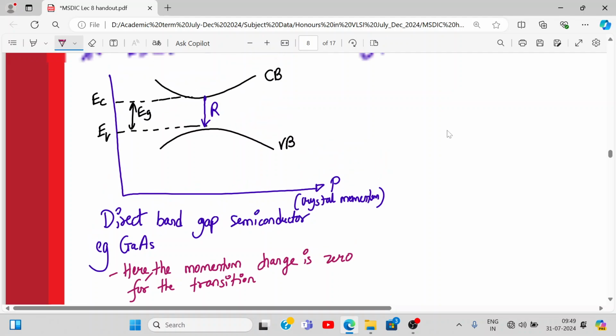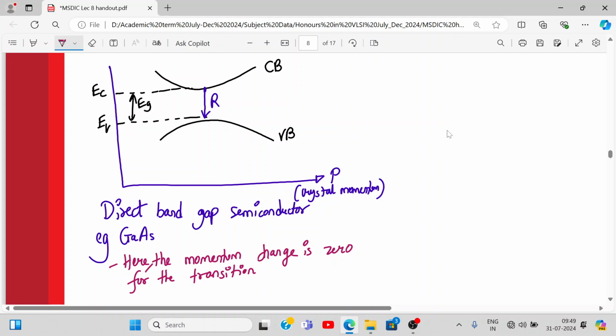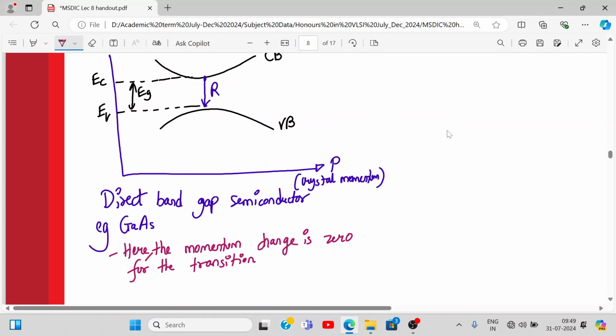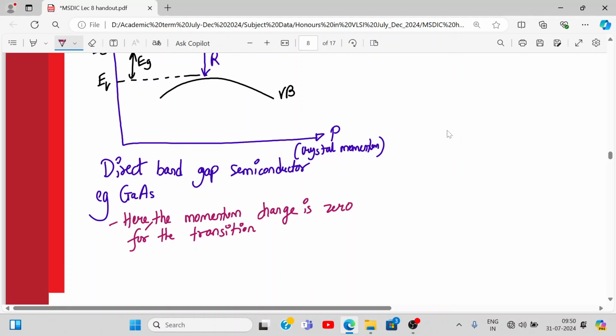So since there is no momentum change, a photon can be given away very easily. Whenever an electron and a hole meet, they give away a photon. So that's why gallium arsenide, direct bandgap semiconductors, are used for light devices, where it emits light. So these are suitable for, write down, optoelectronic devices.